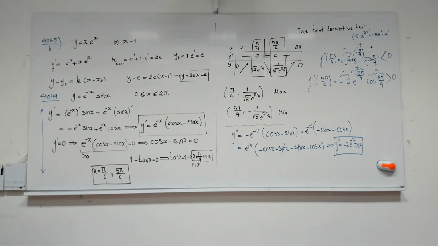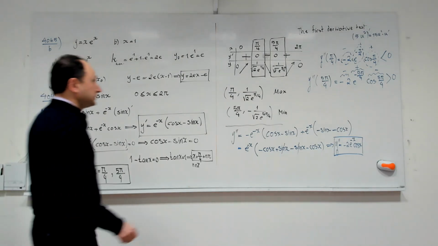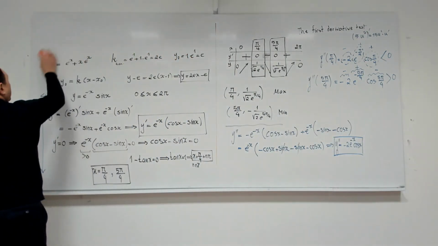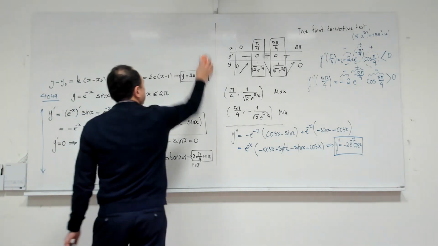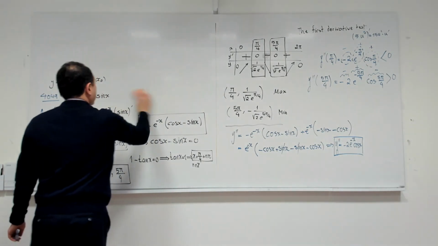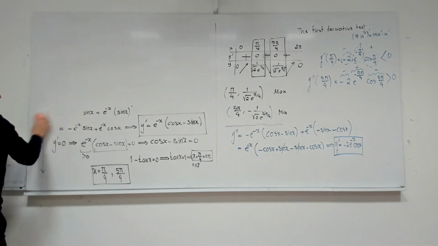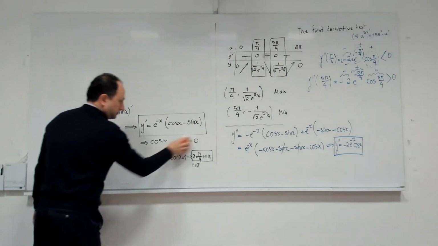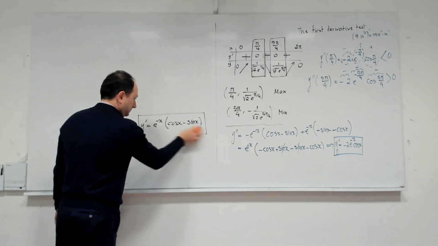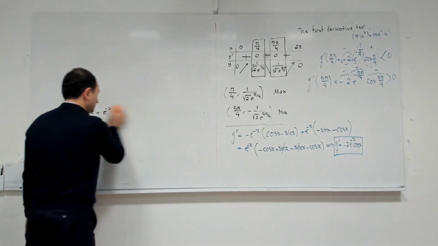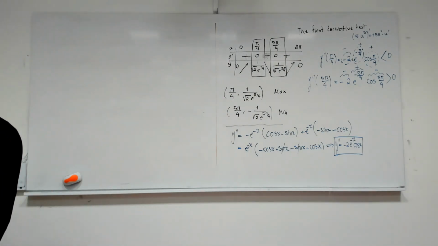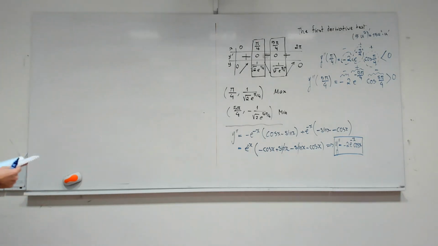For example, this one is 4059. It's talking about terrace points. Let me solve that one as well for you. This problem is 4059.